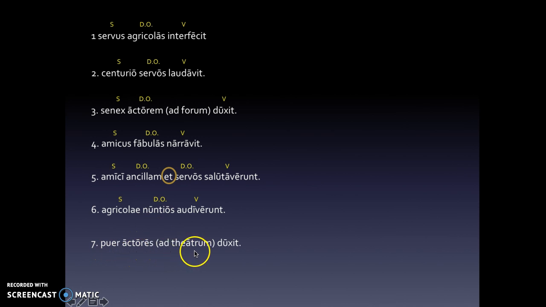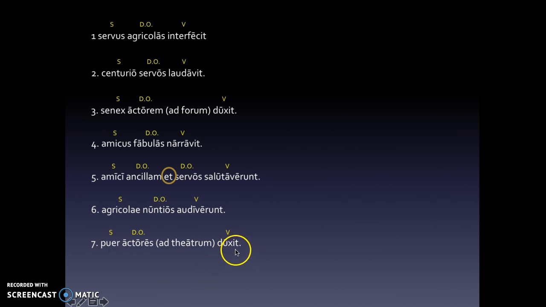Puer actores ad theatrum duxit. All right, so we've got ad theatrum, prep phrase. We've got puer, nominative singular, actores. Remember I told you that that could be nominative or accusative plural. How did I know that this was the direct object? Well, puer right here can only be one thing. Puer can only be nominative.